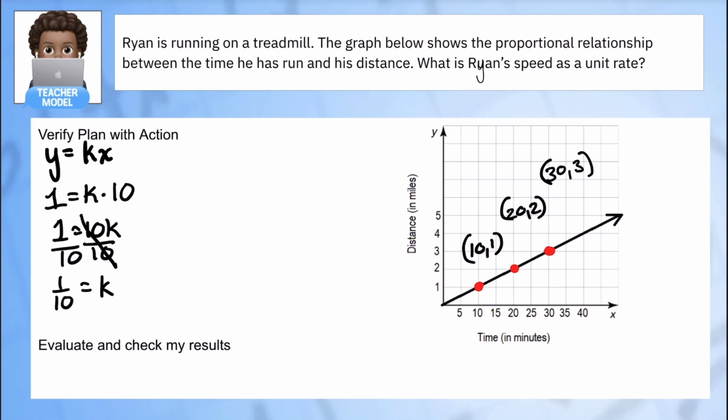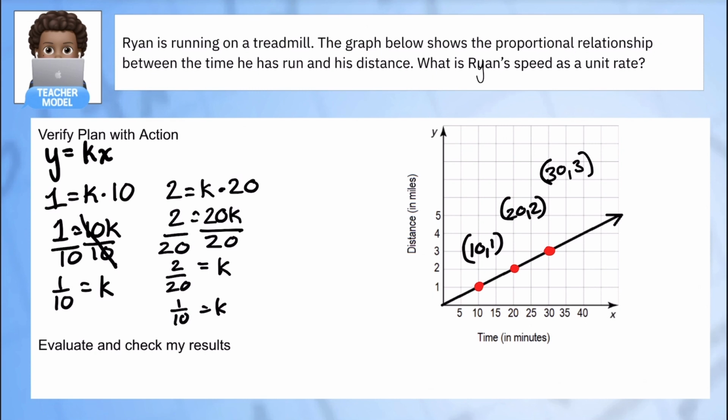So let's try (20, 2). So 2 is equal to k times 20. 2 is equal to 20k. I'm just writing it the same way we've always gotten used to it with a coefficient. I'm going to divide both by 20. And I get 2 over 20, which does simplify to 1/10. So I am getting a constant k.